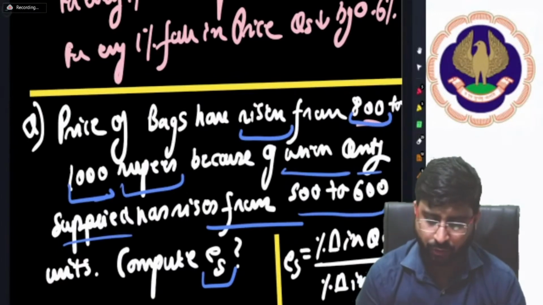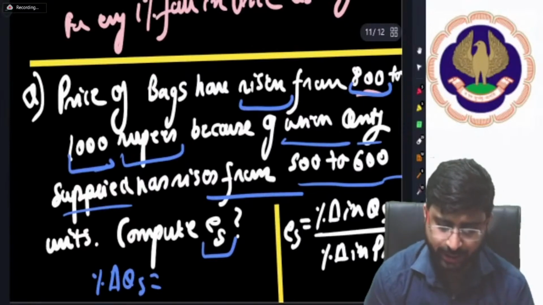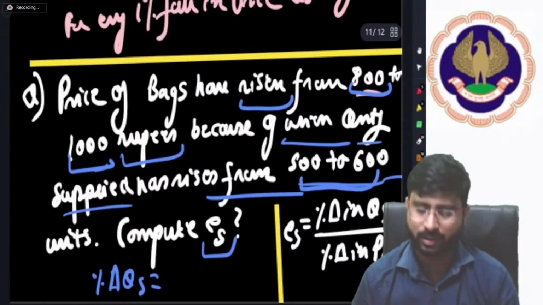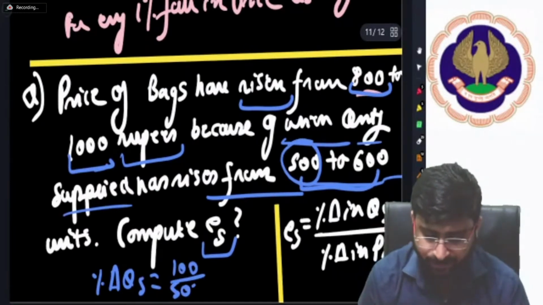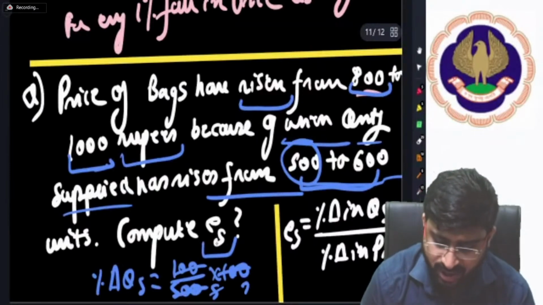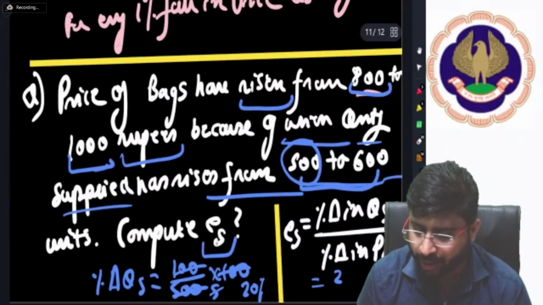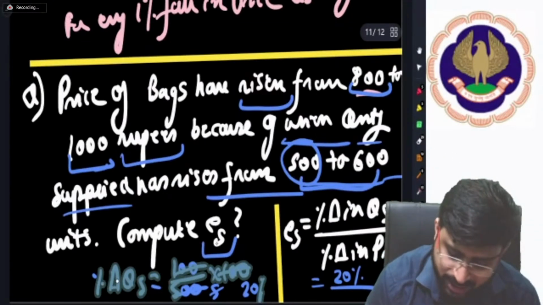See, first of all, we have to find percentage change in quantity. From 500 to 600, it is changing by 100. By what was the original? 100 by 500 into 100. So as far as supply is concerned, it is changing by 20%. So 20% has become the numerator. Now let's talk about percentage change in price.